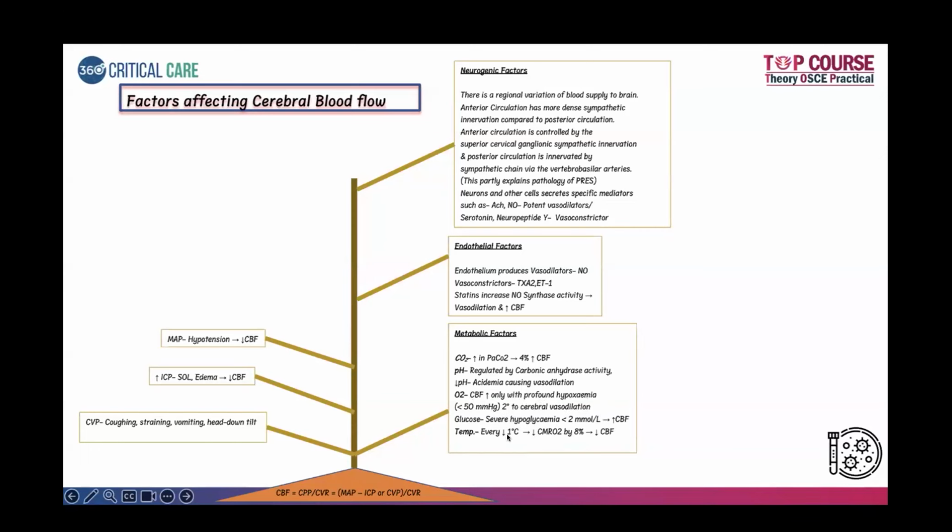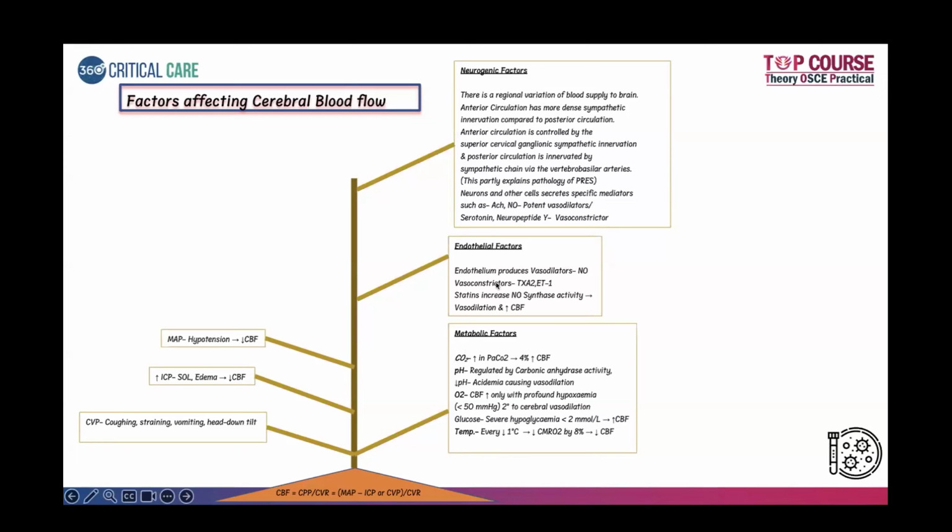Every 1 degree decrease in the brain temperature can cause 8% or 10% decrease in the cerebral metabolic rate, and thereby it decreases the cerebral blood flow. That's why cooling was thought to be neuroprotective, because it decreases the cerebral blood flow. So these are the major metabolic factors that determine the cerebral blood flow.